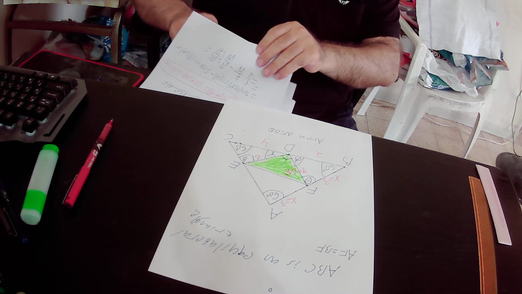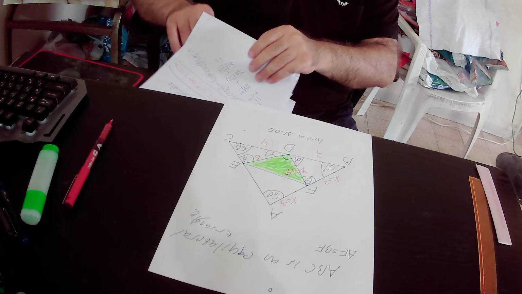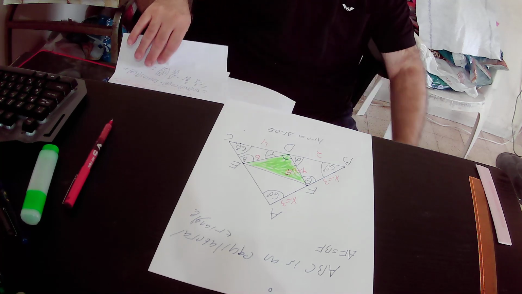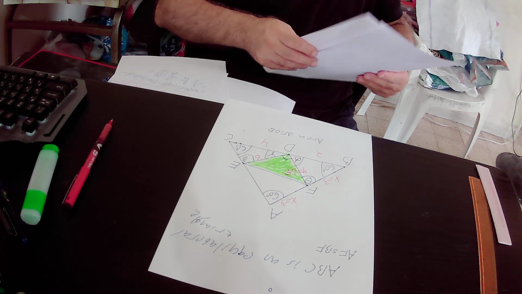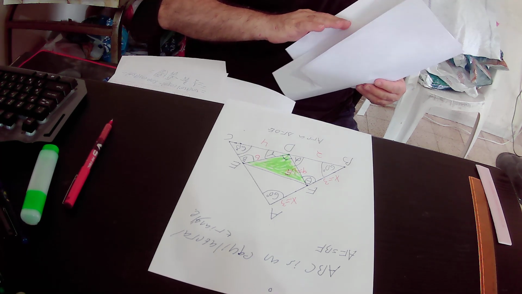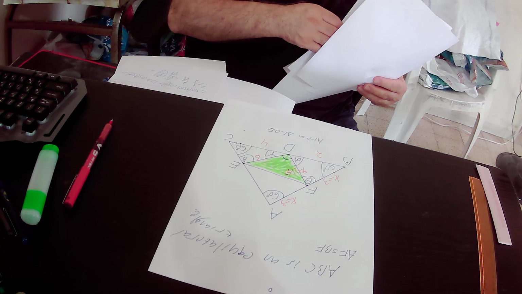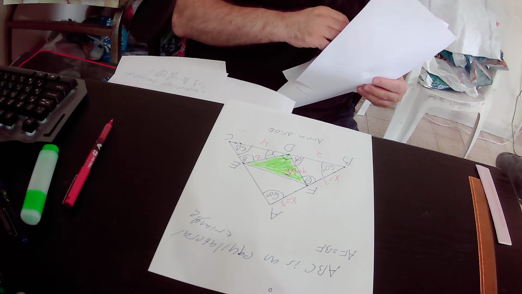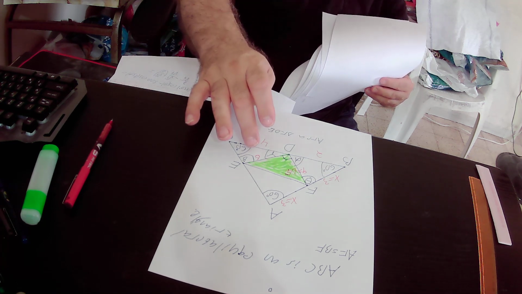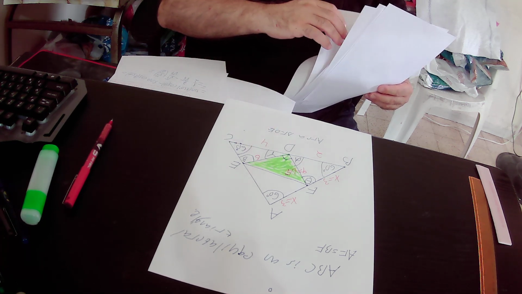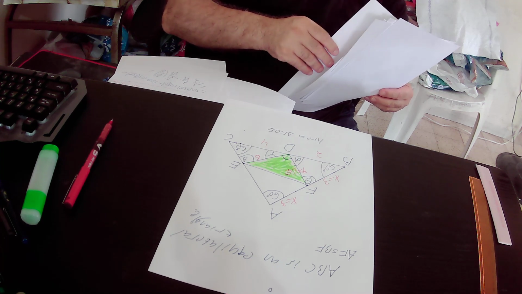So in this way we created our first equation, and our second equation was that the sum of the angles in triangle DEC equals 180 degrees.